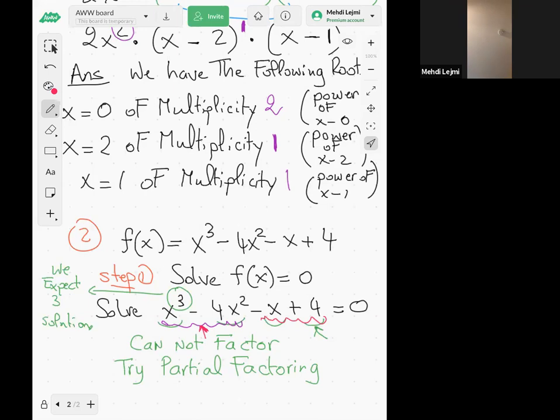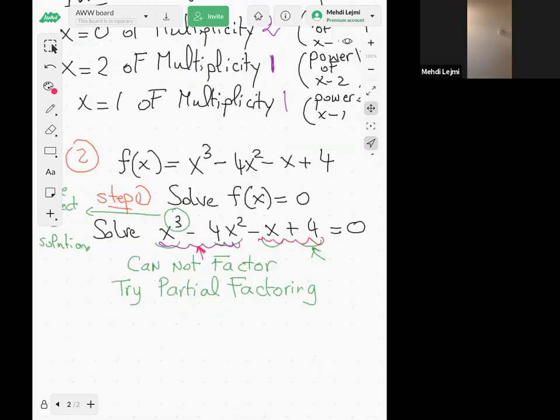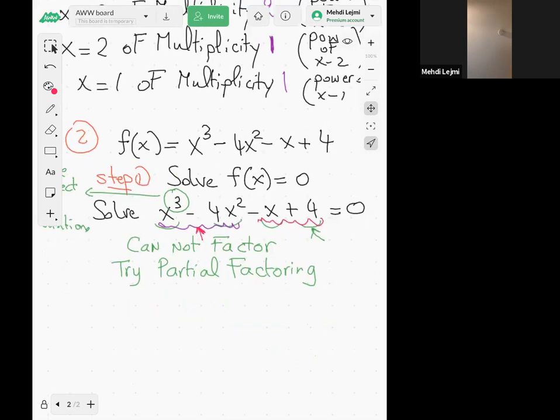So let's factor out x squared. Here's my x squared times x, that will be x cubed. There's this minus, and pulling out x squared we are left with 4, so minus 4 here. That will be the factorization of the first 2 terms. That's what I call partial factoring.